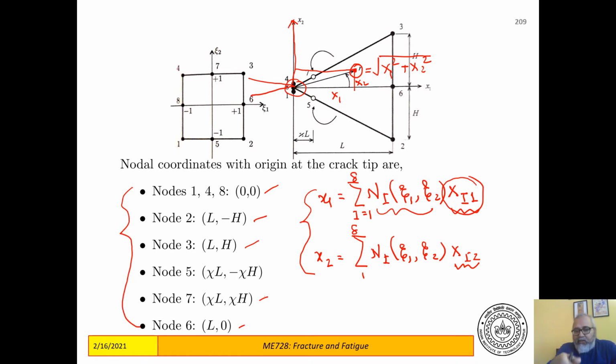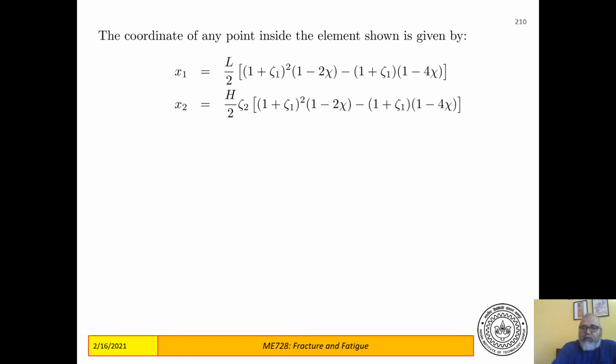Provided that we know these nodal coordinates, we can find x1, x2 from the interpolation functions. So that's what we have done. We have plugged in the physical coordinates and got x1, x2 here.